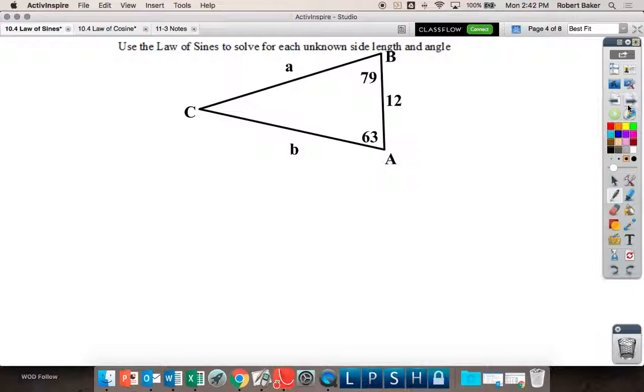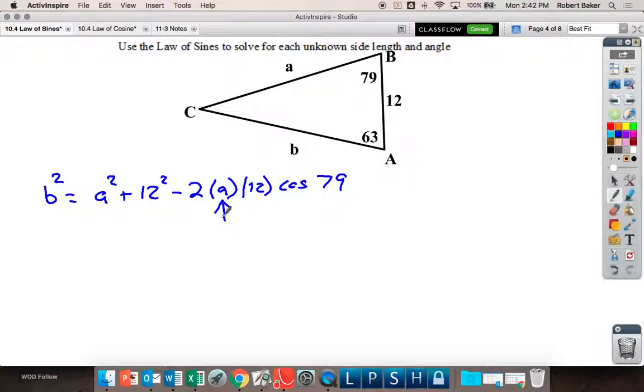So if I was going to use the law of cosines to solve for this, let's say I wanted to solve for b. The law of cosines would state b squared equals a squared plus c squared minus 2 times a times c cosine of 79.